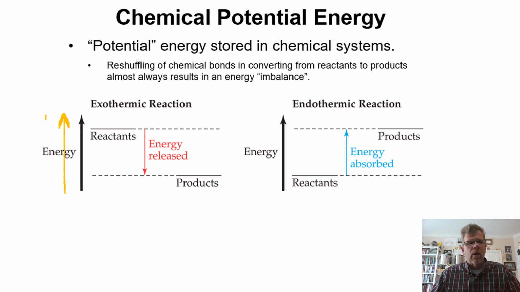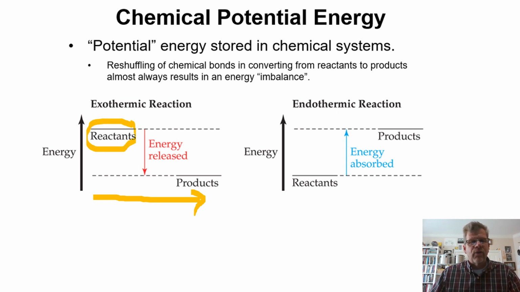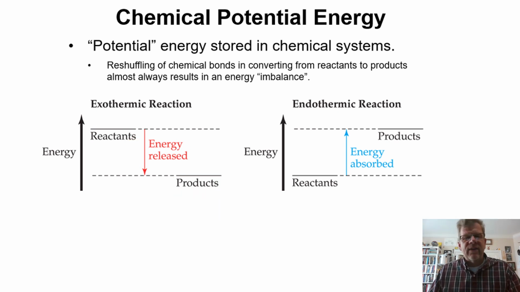The lower we go is a lower arbitrary amount of energy. So that's on the y-axis. On the x-axis, we have what would be considered the progress of reaction, the progress going from reactants, if we shift to the right, towards products. So reactants to products, that conversion or movement, is on the x-axis.